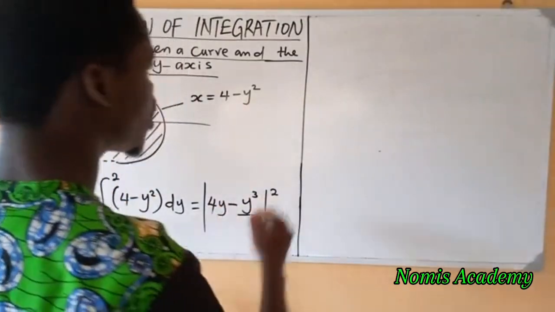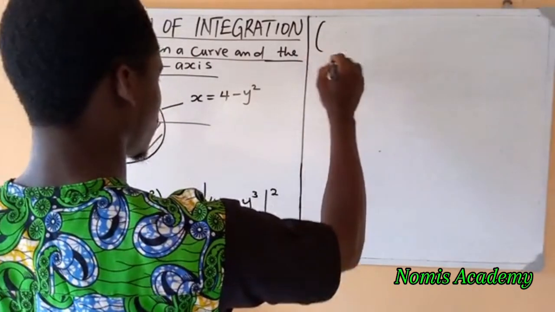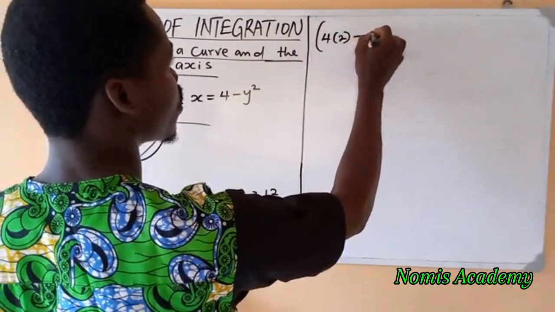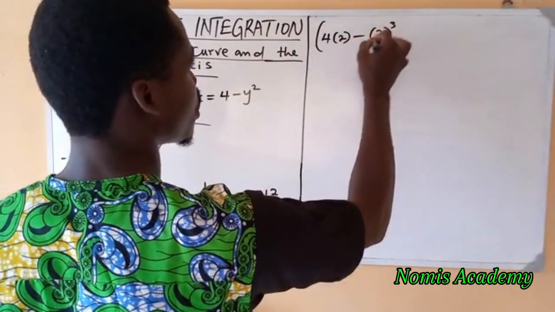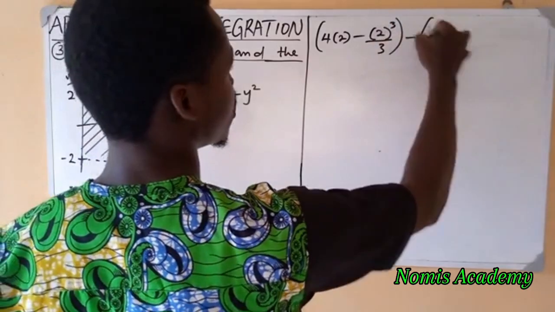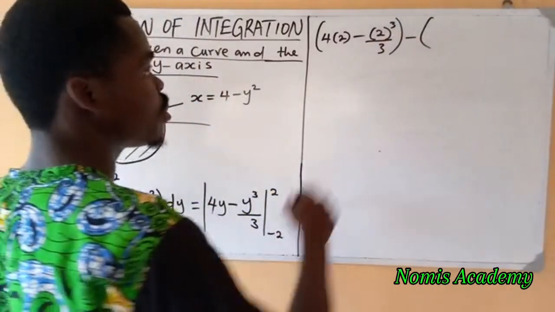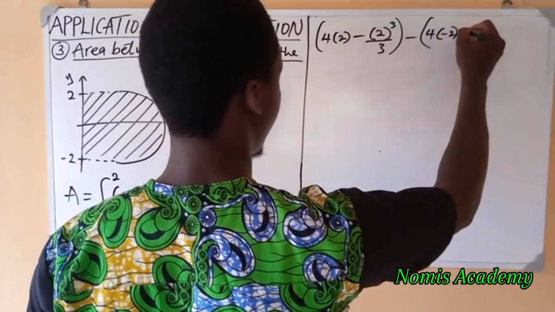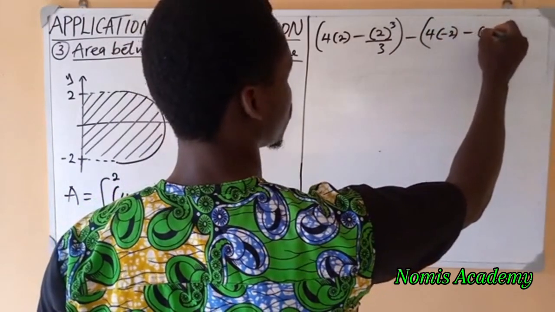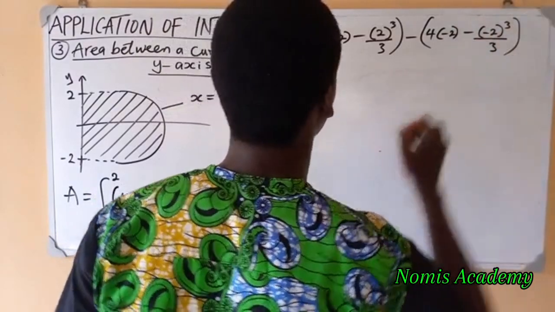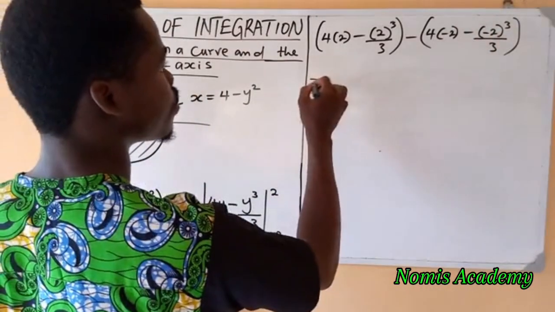Okay, so we slot in the upper limit. The upper limit is 4 into 2 minus 2 raised to the power of 3 all over 3, minus, then we slot in the lower limit, which is 4 into -2 minus -2 raised to the power of 3 all over 3. So we proceed.